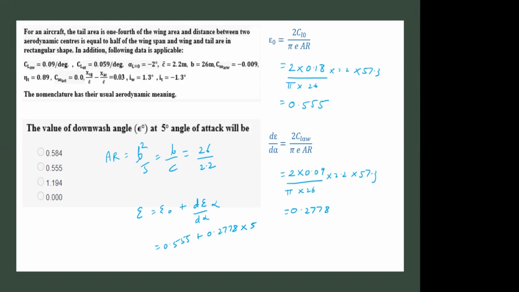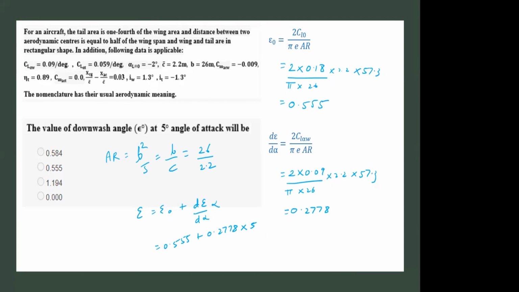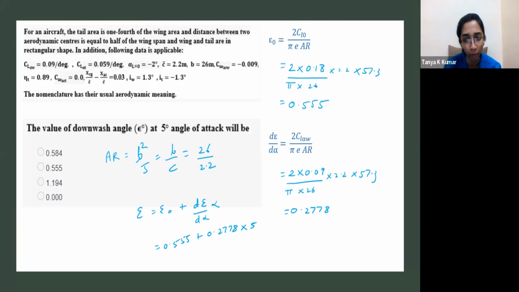What I'm saying is, 2 CL alpha divided by pi AR, if we don't multiply it by 57.3, then straightforwardly multiplying by 5 would work. This formula is valid only in radians, so CL alpha of the wing has to be in per radian.